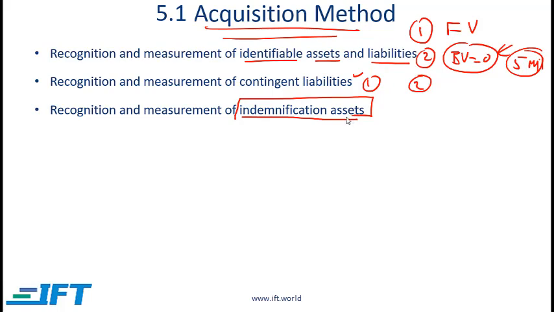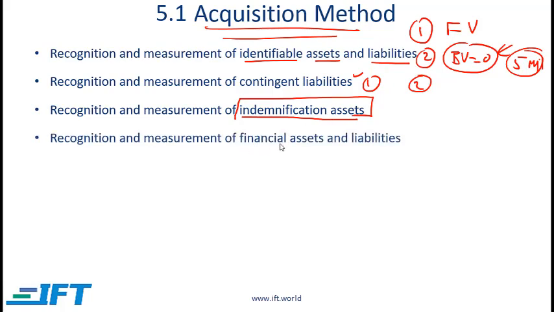I don't think this is a hugely important point. Just keep in mind that if the acquiree is effectively giving a benefit to the acquirer and that can be quantified, then that benefit is shown as an asset.